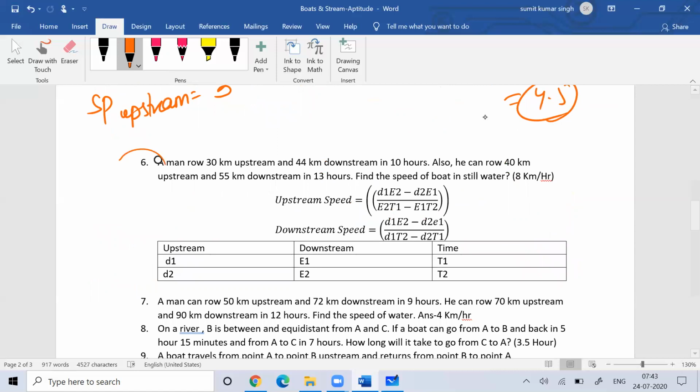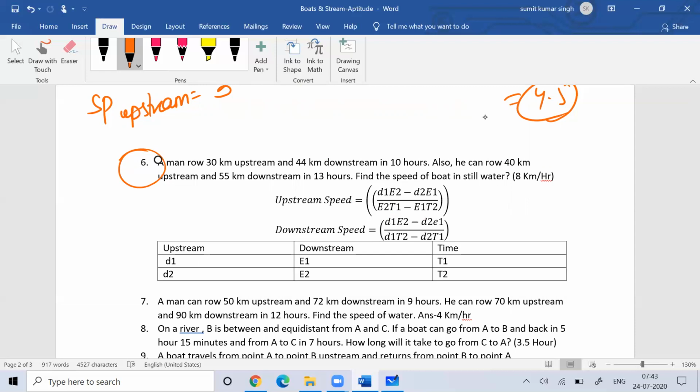This is the kind of question which comes in many competitive exams, so I thought it better to talk in terms of the shortcut formula. You can do it manually or use the shortcut formula.